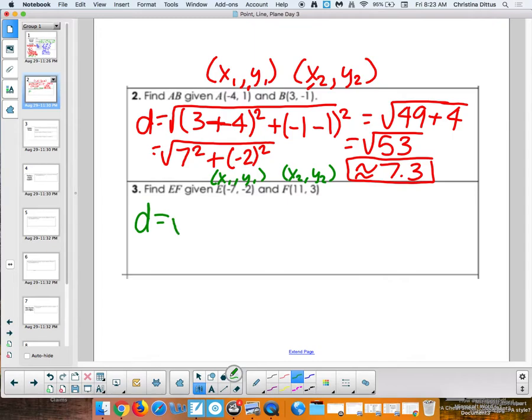Make my big square root sign. What number should go first? 11. I have 11 minus, what's next? -7, squared, plus 3 minus -2.